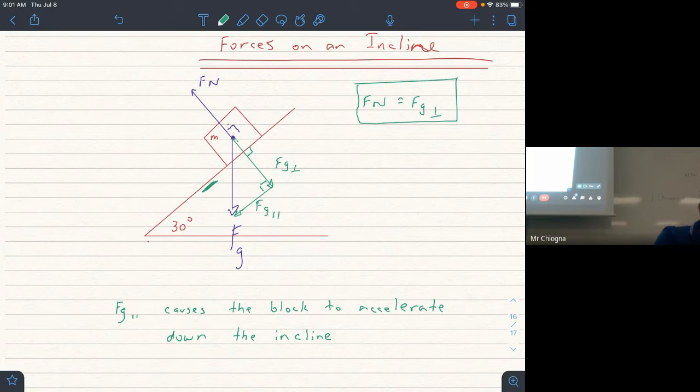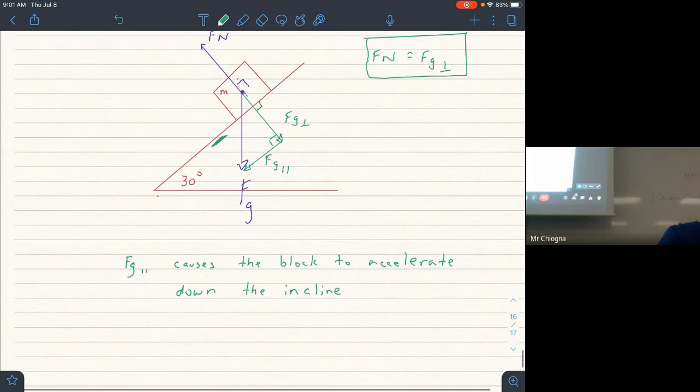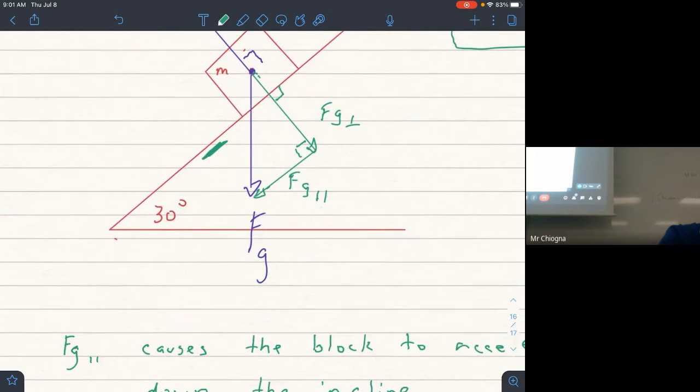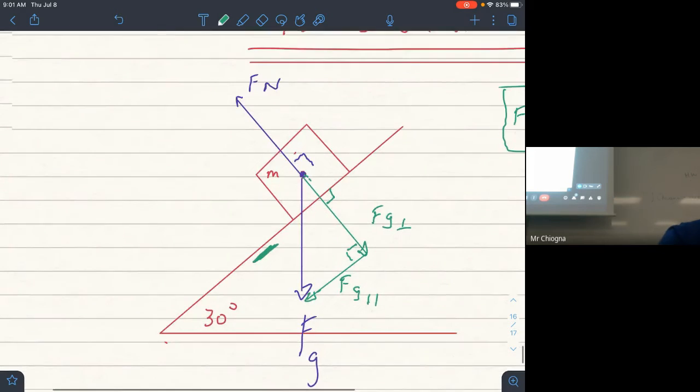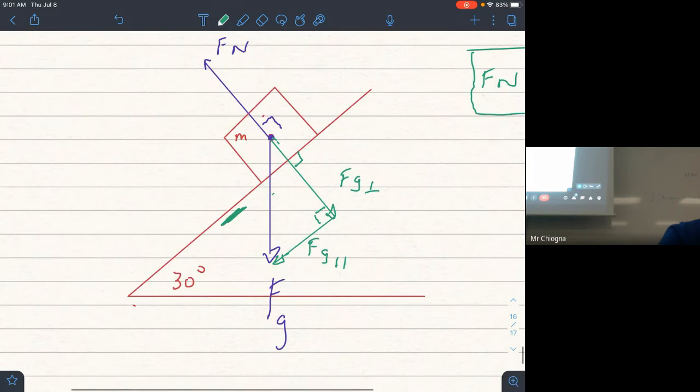So if we know what FG is, FG obviously is mg. We don't know how FG parallel or FG perpendicular is related to this. We can figure it out though. This angle here is the same as this angle here. I can prove that geometrically.